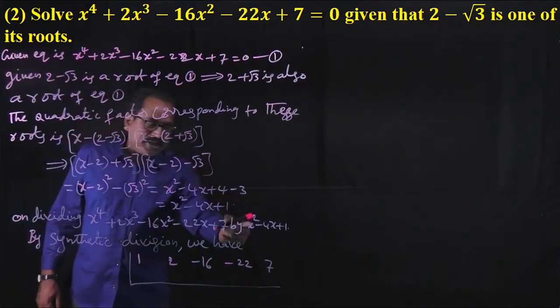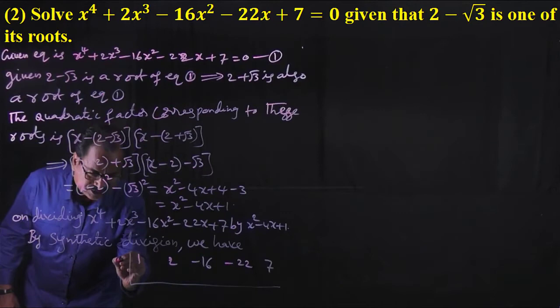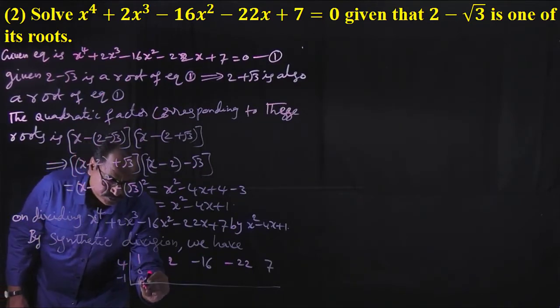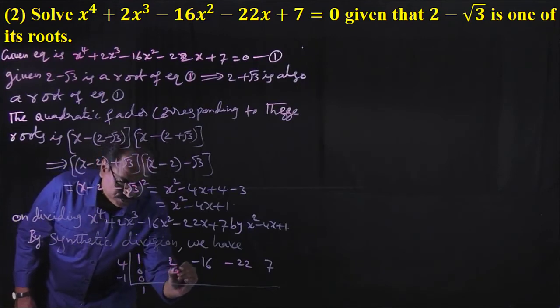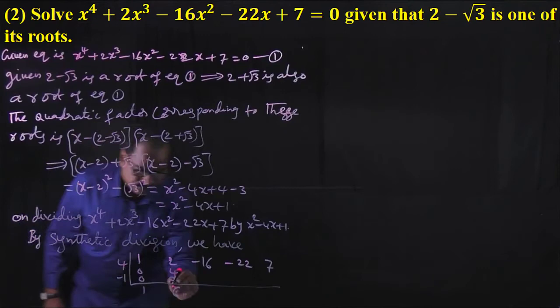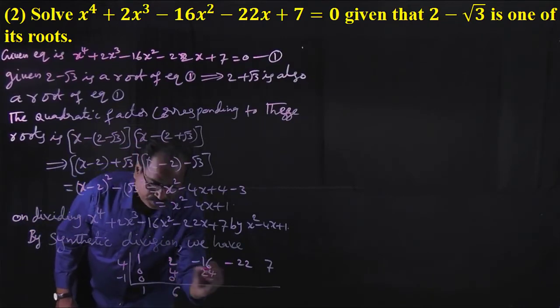So x square minus 4x plus 1, this is 4 and this is minus 1. 0, 0, 1. 4 into 1, 4, 0, 6. 6 into 4, 24. Minus 1 into 1, minus 1.